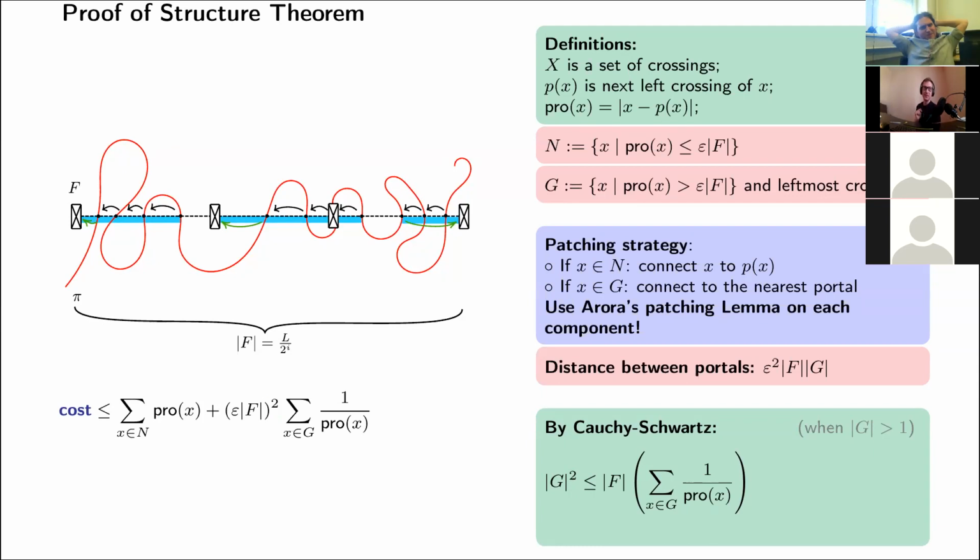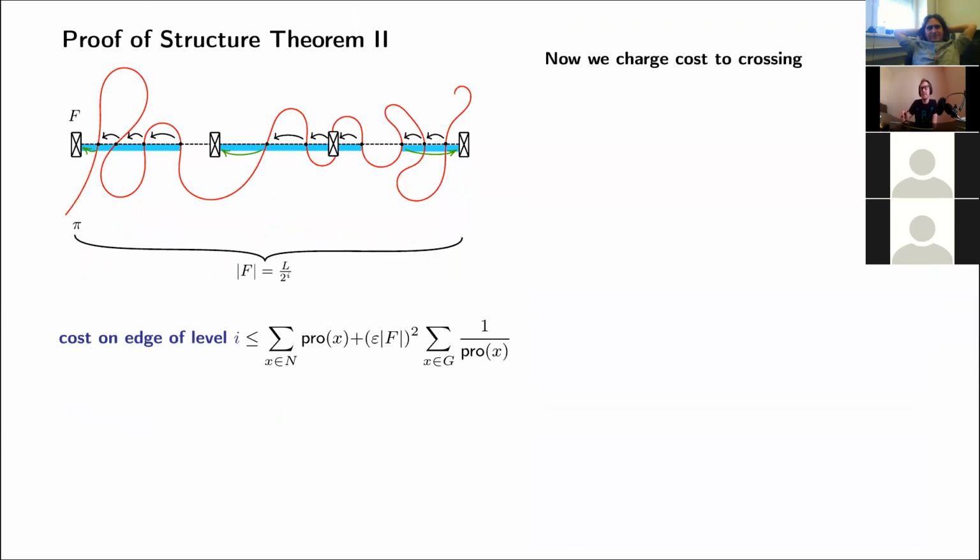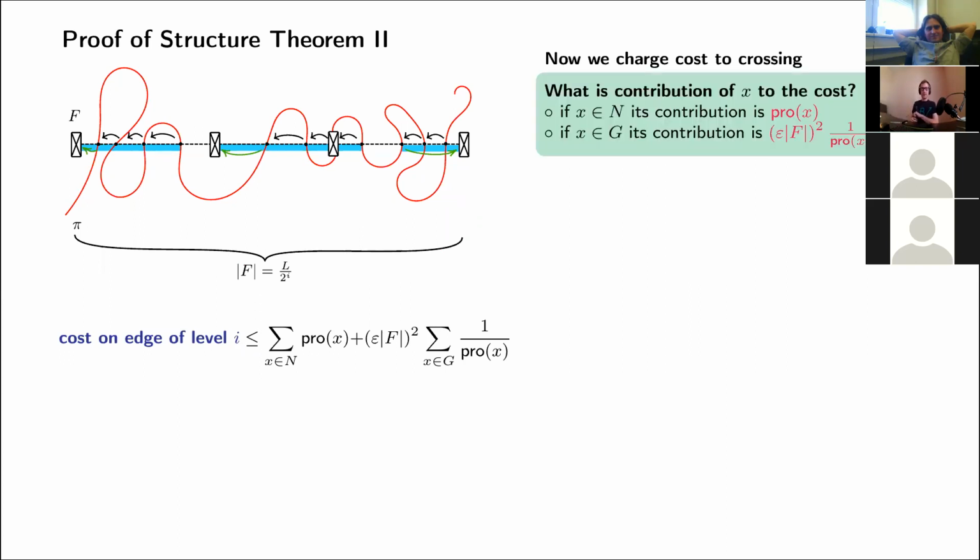You may be super confused now, but let's not give up. Let's get rid of all this and rewrite it. What we want to do is basically the same thing as Aurora did. So we want to somehow charge this cost to the crossing. So what is the contribution of the cost to one crossing?